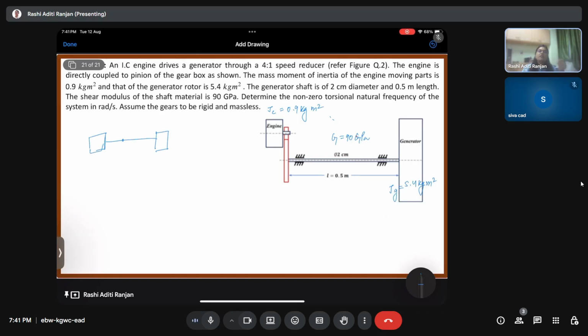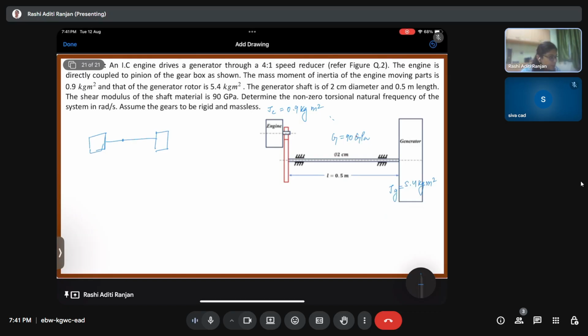Otherwise, it is going to have a zero frequency, because it will behave like a rigid body. If there is no relative motion between the engine and generator, it will behave like a rigid body, and the first frequency is going to be zero. Clear? So we are concerned about the relative motion, to be precise.